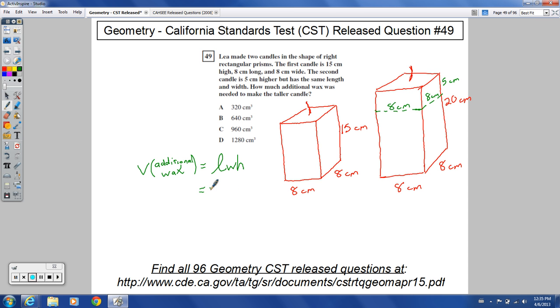And so this would be 8 times 8 times 5. 8 times 8 is 64, and 64 times 5, that's going to be 320. So 320 centimeters cubed, that would be the area, or not the area, but the volume of this part right here, this additional part. That is choice A for number 49.